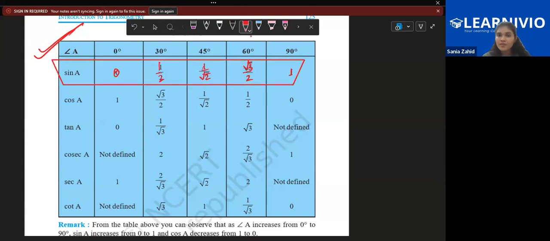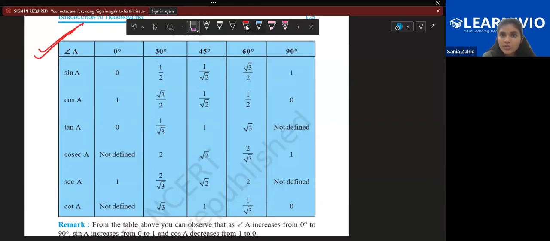Why? If you look very carefully, whatever values of sine A you have, you reverse them and you get cos A. Sine 0 degree is 0, cos 90 degree is 0. Sine 30 degree is 1 by 2, cos 60 degree is 1 by 2.